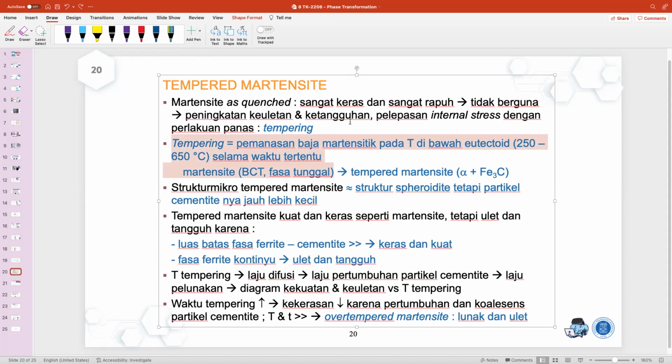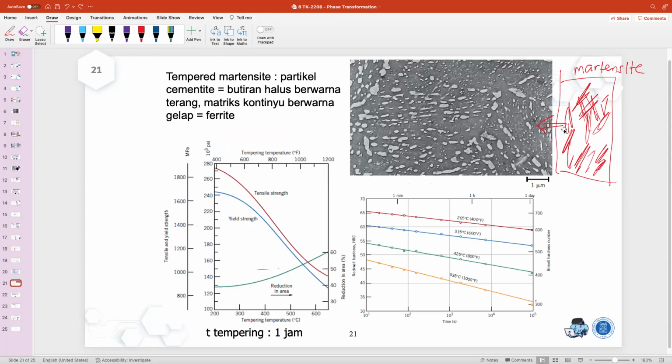We heat it up again at some temperature between 250 and 650 degrees Celsius for some time, so the structure can rearrange into this type of microstructure. Here we have the matrix, so we have the alpha as a matrix. The continuous matrix means ductility is increasing.